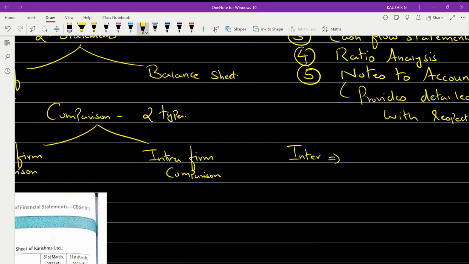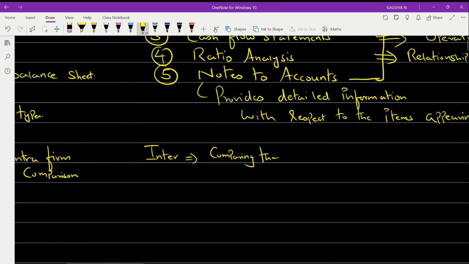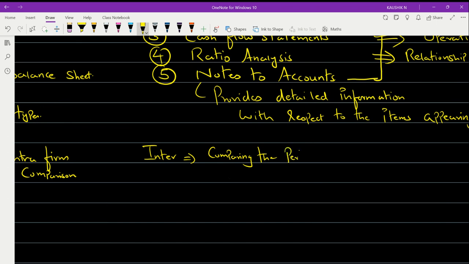So inter is nothing but comparing the performance or position of our business with other businesses.